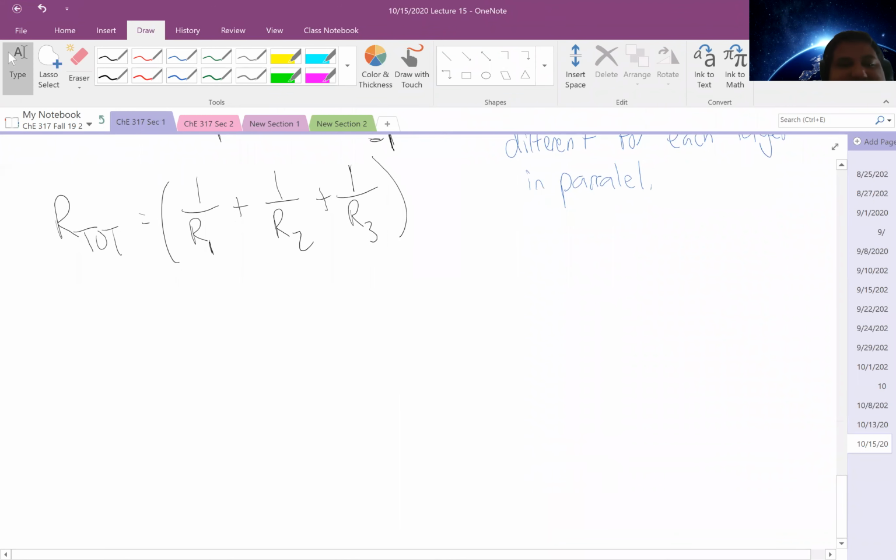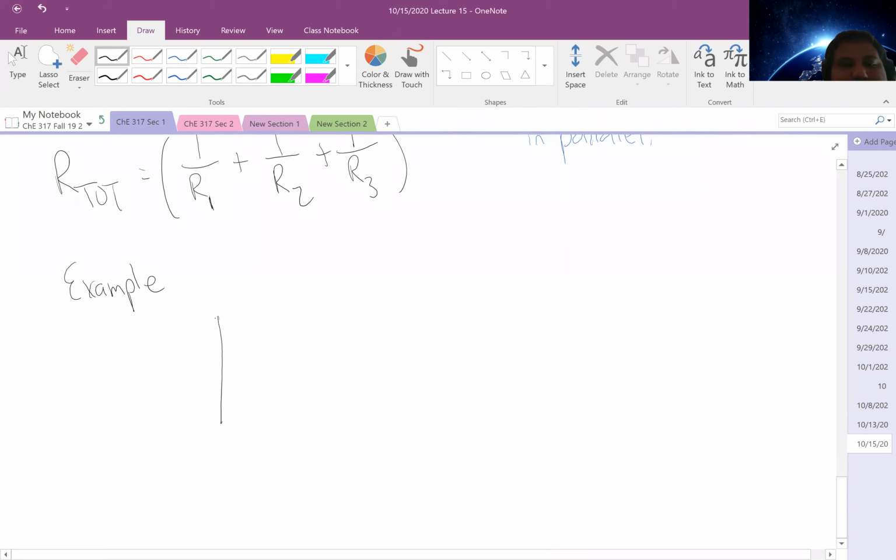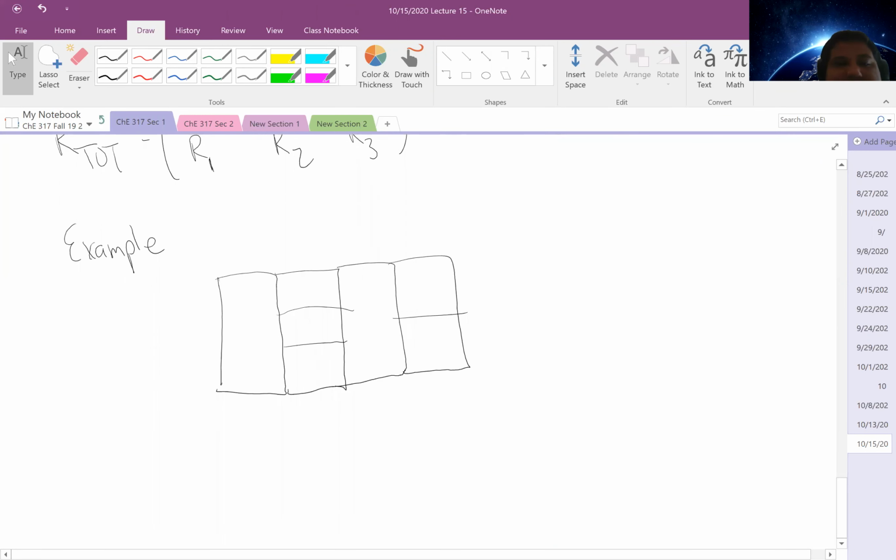And so if I had a system that looked like this, where this is T in, this is T out, what I recommend is to draw some form of equivalent circuit.